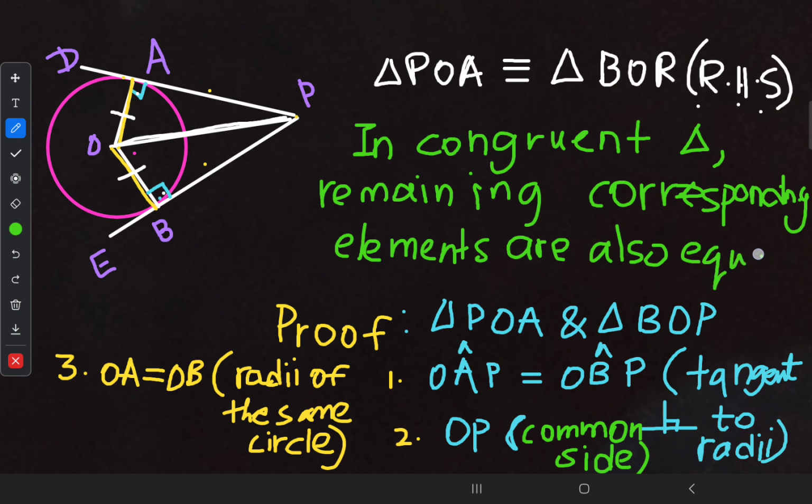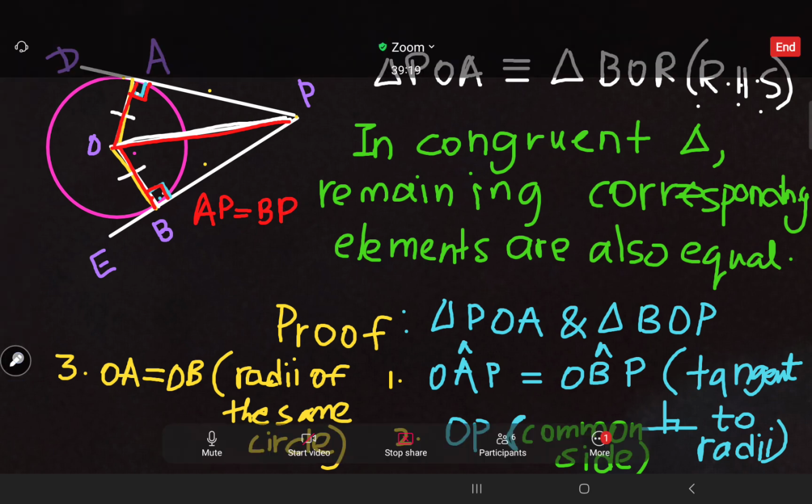What we found, hereafter we can indicate our to-be-proved values. We know this one and this one are equal, the obvious one, and the common side. We studied this theorem earlier, so these are equal. So what is our to-be-proved? AP equals BP. Since these two triangles are congruent with each other, we can directly write AP equals BP, for the reason we indicated earlier: in congruent triangles, remaining corresponding elements are also equal.